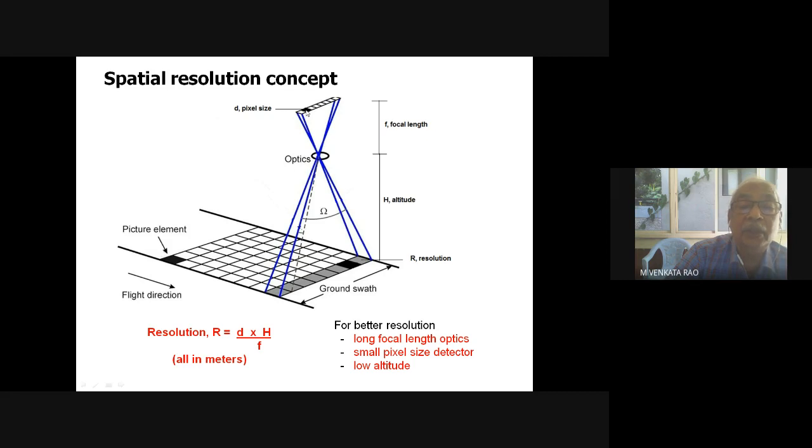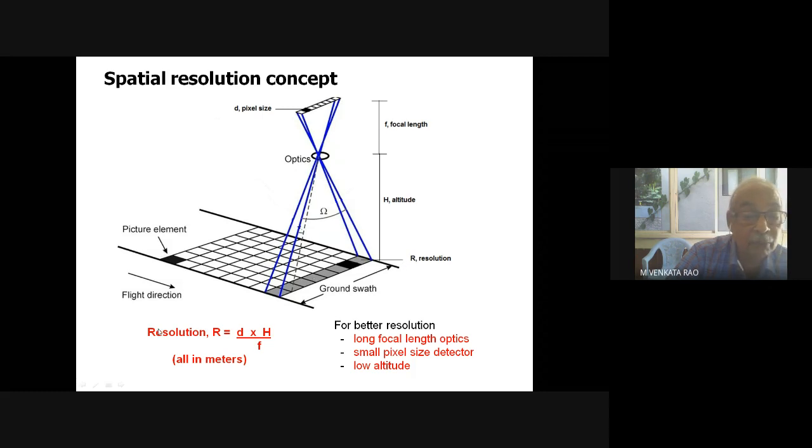It will be in dimensions of microns, maybe some 10 micron, 12 micron, different types of detectors. So this 7 micron pixel, if you project it through the optics, this is the resolution you get, one resolution element. This will generally be in meters. It can be 5-meter resolution, 1 meter, whatever it is. That is the resolution.